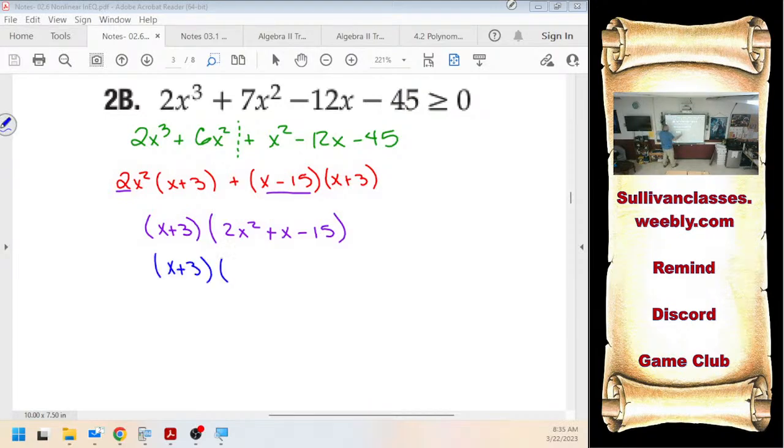Only way you're going to get 2x squared is with a 2x and an x. Try the factors of negative 15 real quick and get plus 5 minus 3. Nope. Plus 3 minus 5, other way around. There we go.